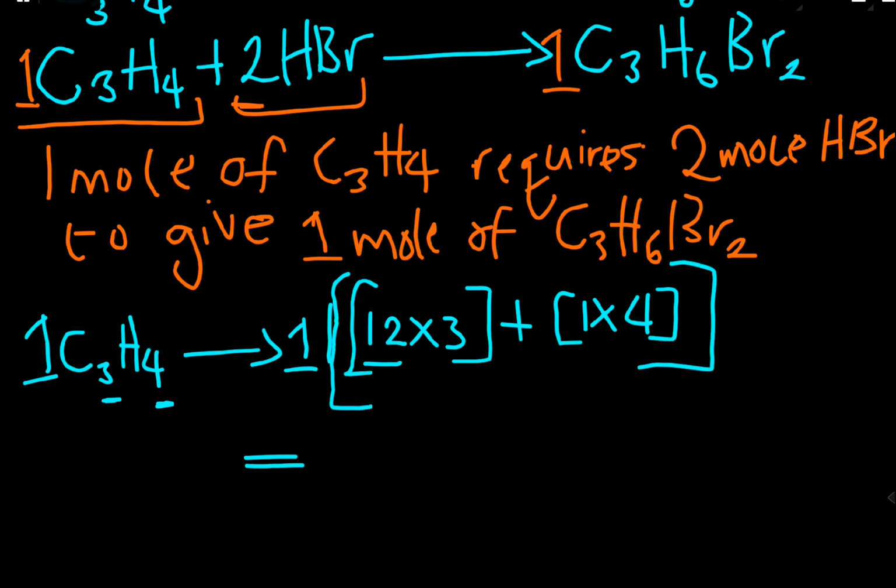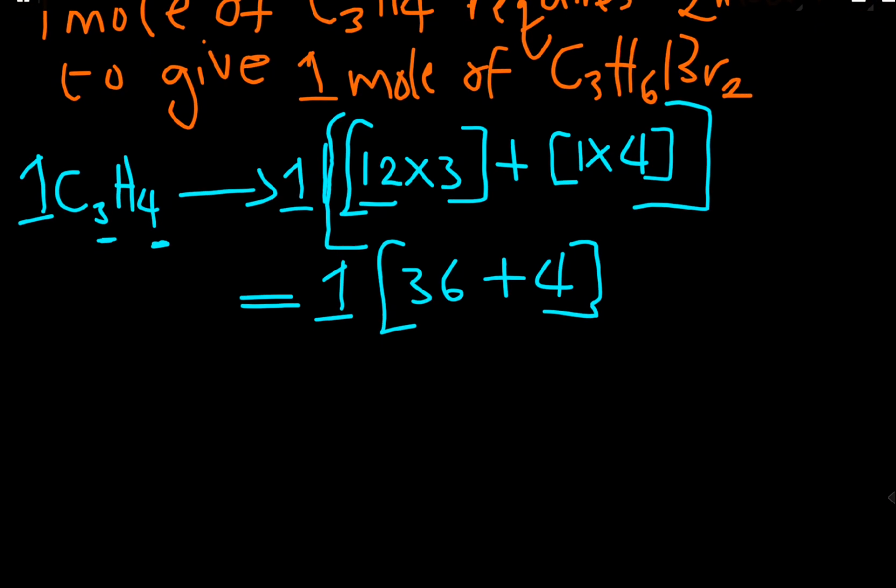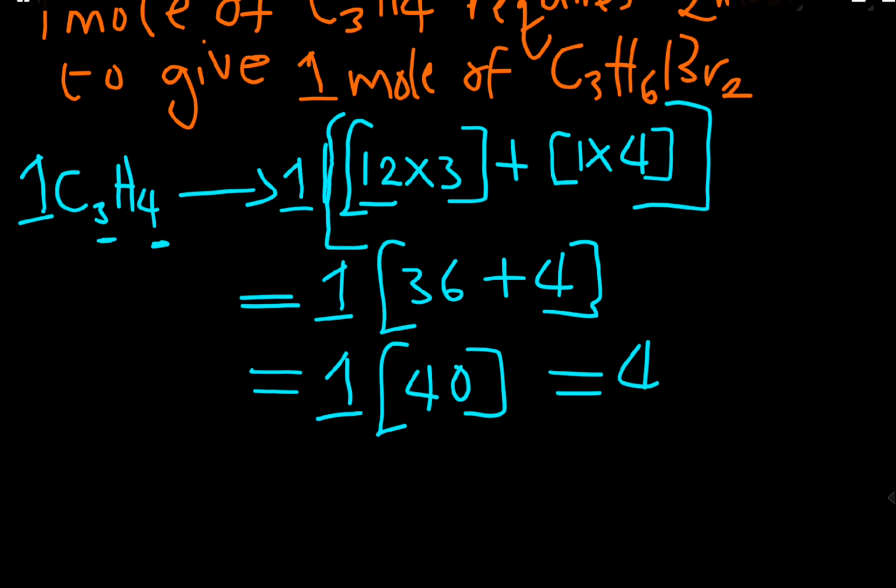And this would give us 12 times 3, which is 36. We have 1 bracket 36 plus 1 times 4 is 4. So this becomes 1 in bracket 36 plus 4 is 40. And 40 times 1 is 40.